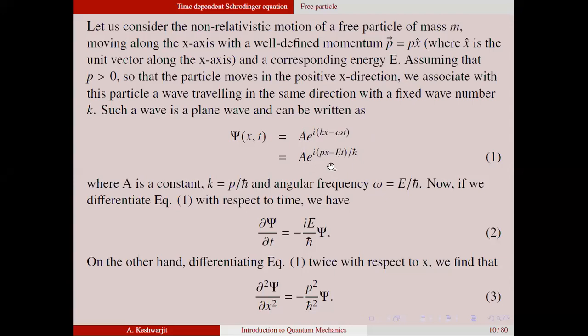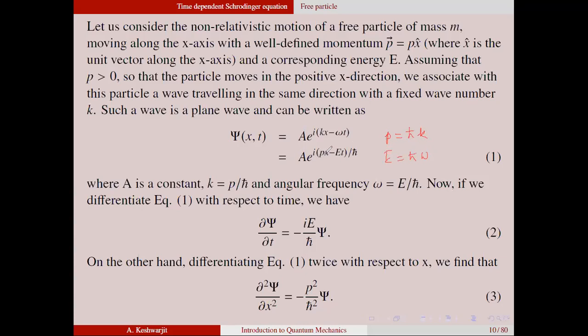So this is the plane wave representing a particle which is moving towards the right with a momentum p and energy E. What is the relation between k and p? The relation is that p equal to h bar k and E equal to h bar omega.